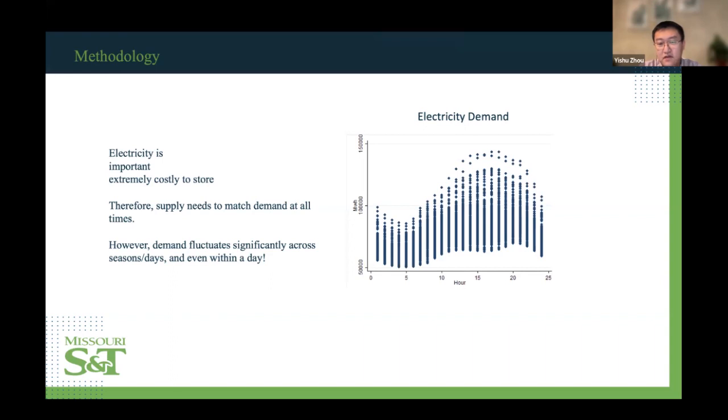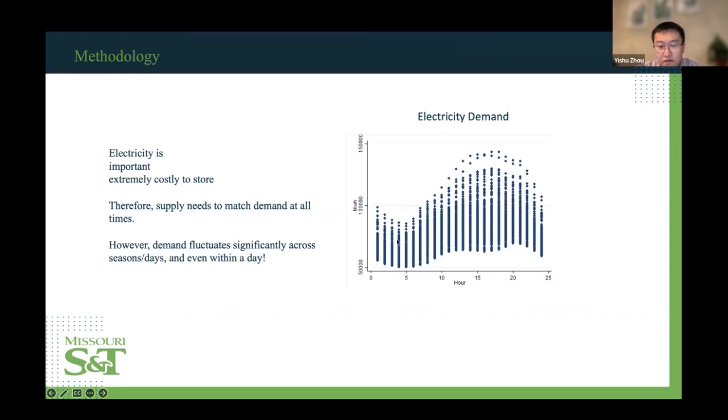Here's a graph. It's supposed to be a dot chart for electricity demand, but there are so many dots that it looks like lines. Those are hourly demand. Hour 1 is the hour right after midnight, and the last hour, hour 24, is from 11 p.m. to 11:59 p.m. If we look at this graph vertically, during the same hour but across different days, the highest demand could be almost double the lowest demand for the same hour.